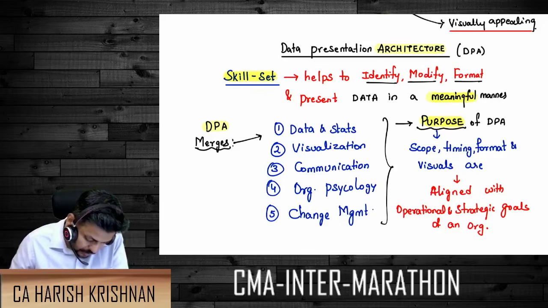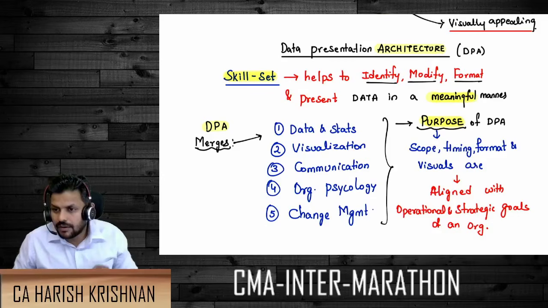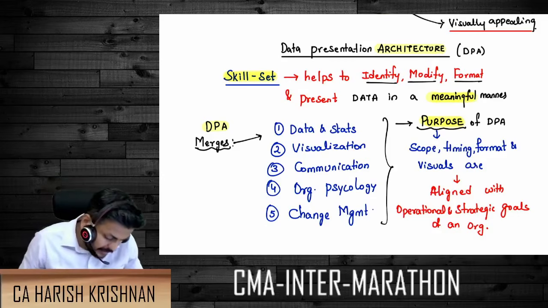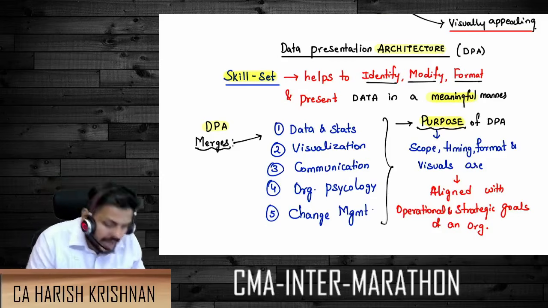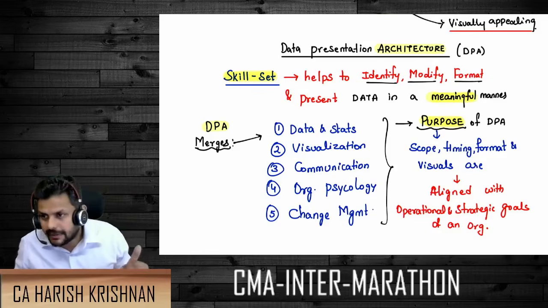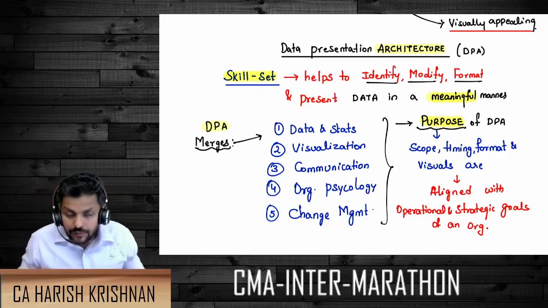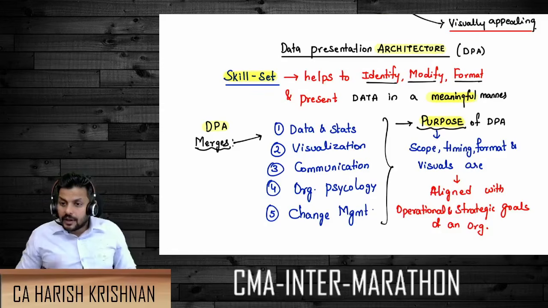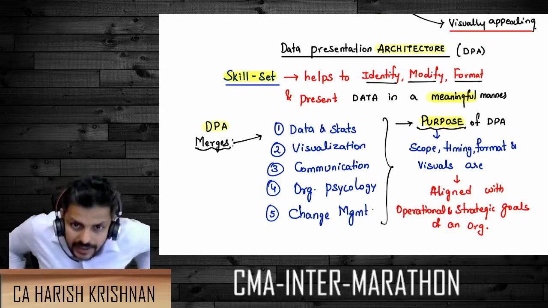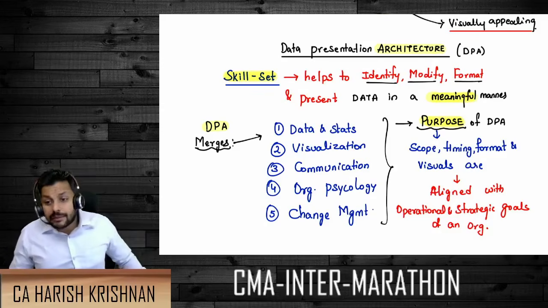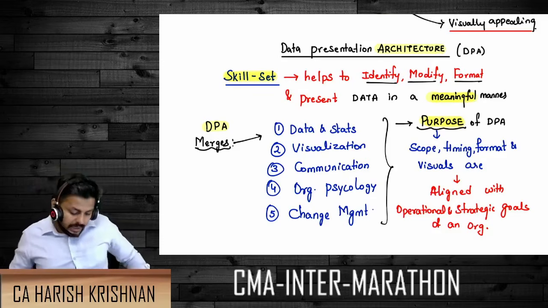Then it also talks about merging certain things, right? Architecture means the design: how will it be presented? Like before construction of a big building, they put the idea on paper, no? Like that here also, identify, modify, format, and present the data in a very meaningful manner.